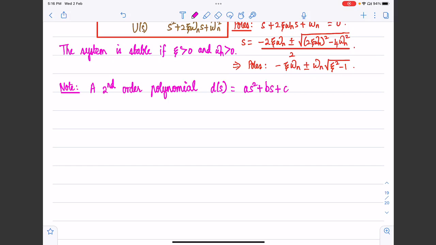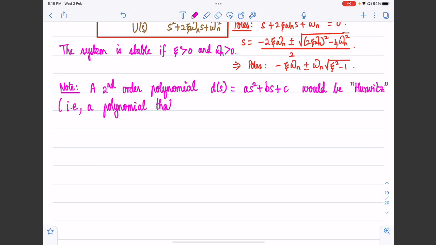I will define when we call a polynomial Hurwitz. A polynomial is said to be Hurwitz when it has all its roots in the left half of the complex plane.